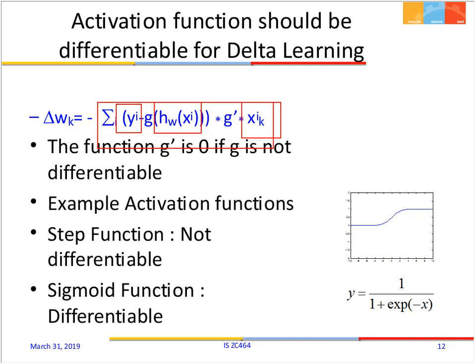Y is its actual class. And then how is the object described? It is described through x1, x2, x3, etc. These xi's are the features. So we will call this a feature vector. You remember this? Feature vector.